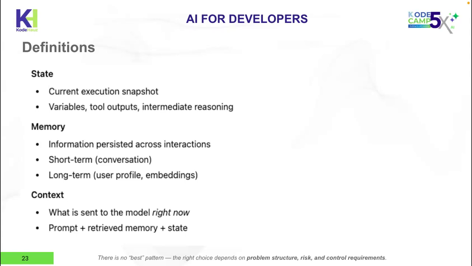You have the short-term memory, and then you have the long-term memory. Short-term memory is used to keep things like conversation, right? While the long-term memory is used for longer term stuff, things that maybe you come back to tomorrow, next week, right? So things like your user profile, your user preferences, embeddings, right?